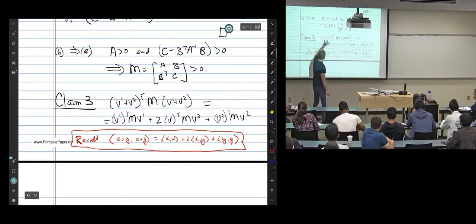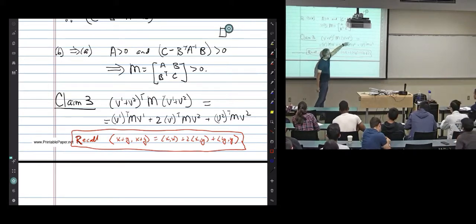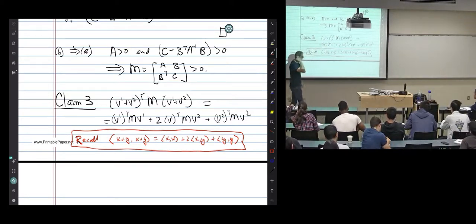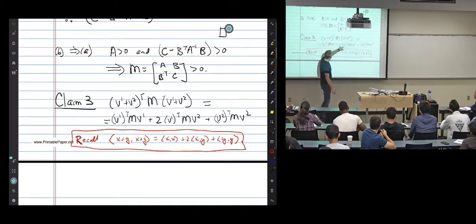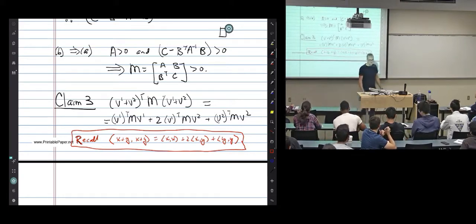You're just using linearity on the left and linearity on the right when you multiply matrices and vectors, okay? Here's the abstract version of that: V1 transpose M V1, 2 V1 transpose M V2, V2 transpose M V2.